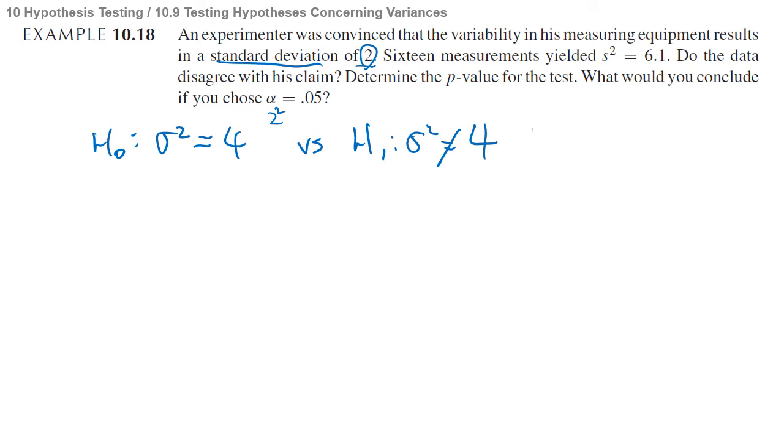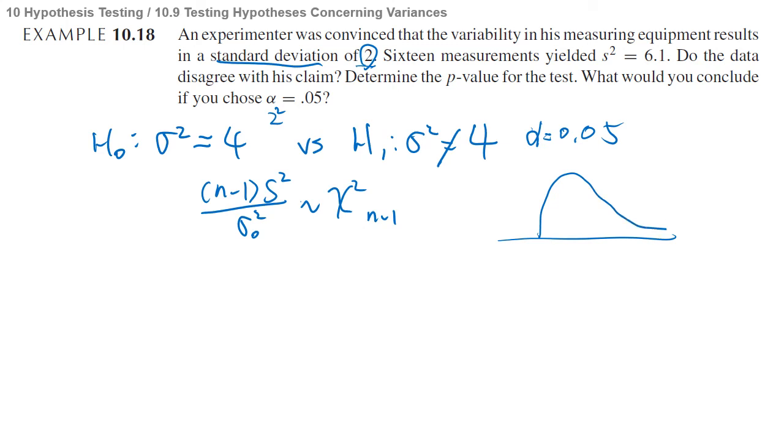And the alpha is 0.05, and our test statistic is n-1 times S square divided by sigma 0 square. This will follow a chi-square distribution with degrees of freedom n-1, and the rejection regions would be, if this is the distribution, these regions, 0.025 here and 0.025 here.